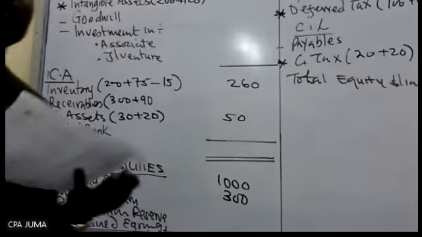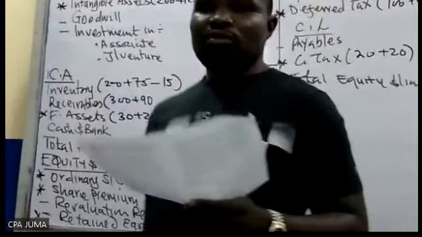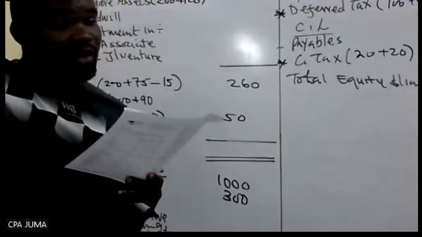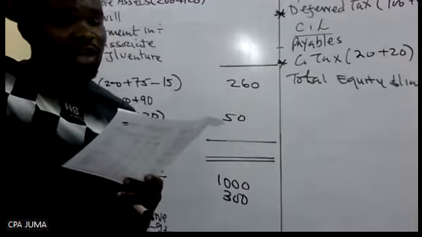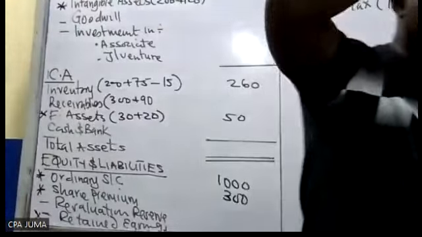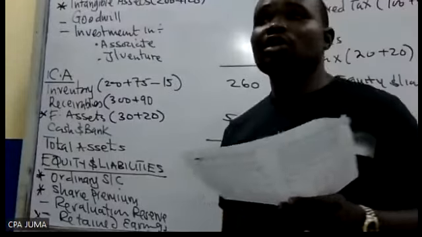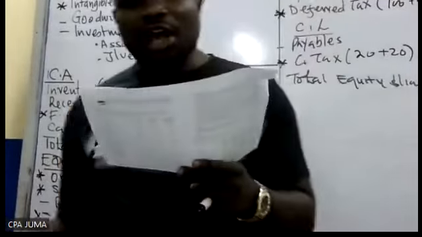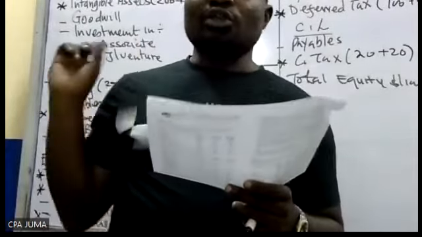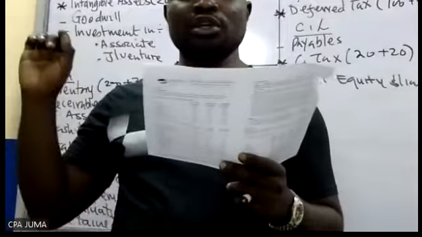Then we read note number 6. In additional information number 6, the examiner was saying, included in trade and other receivables and trade and other payables are the following outstanding balances. Due from S to H, how much? 50. So the balance between S and H was 50.